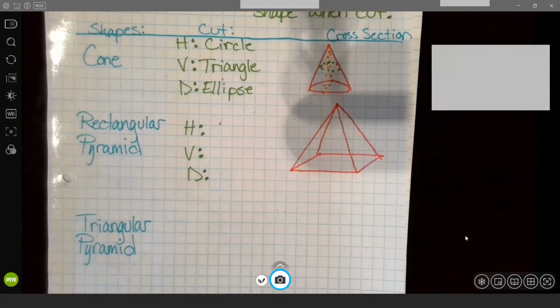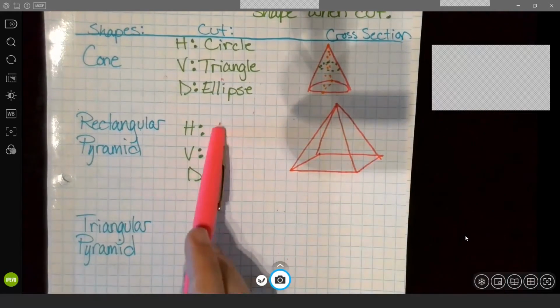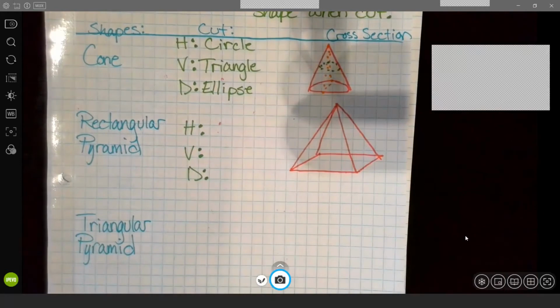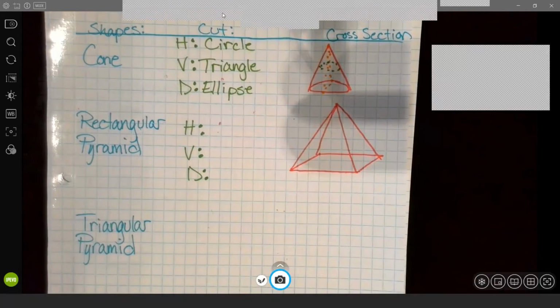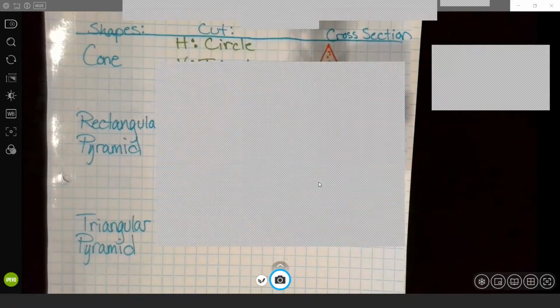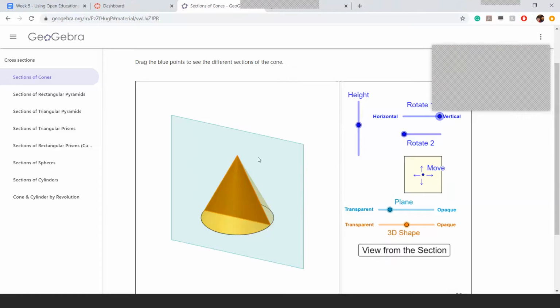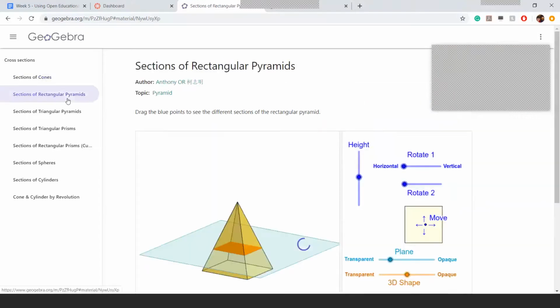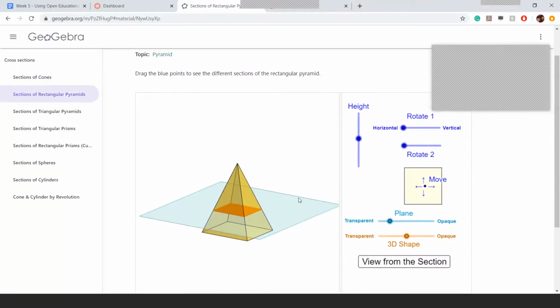Now that I have my list all ready to go and my pyramid all drawn out, I'm going to pop back over to the tool and play around with it. So let's try the rectangular pyramid. Automatically, looking at it, my theory is holding true, right?